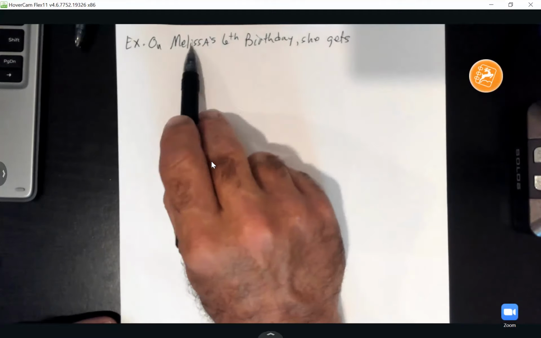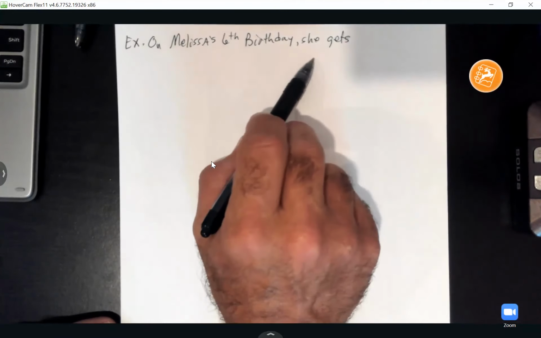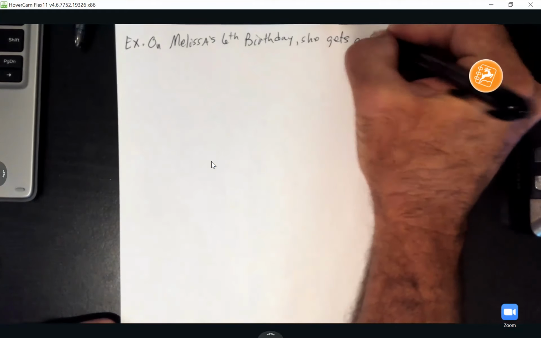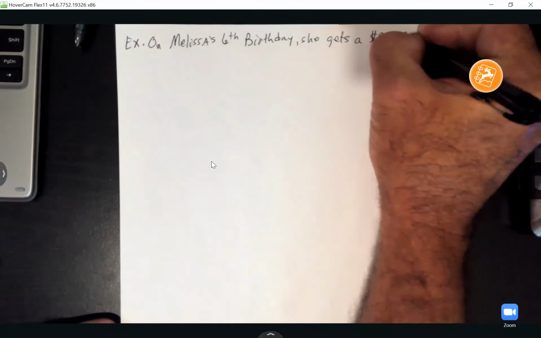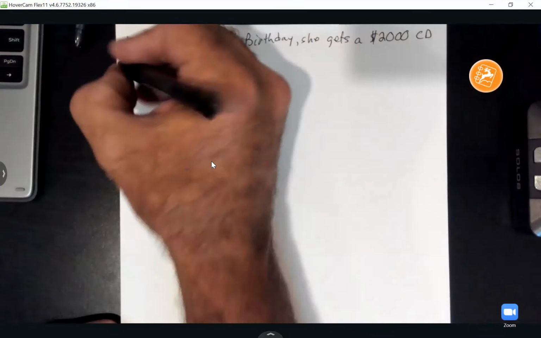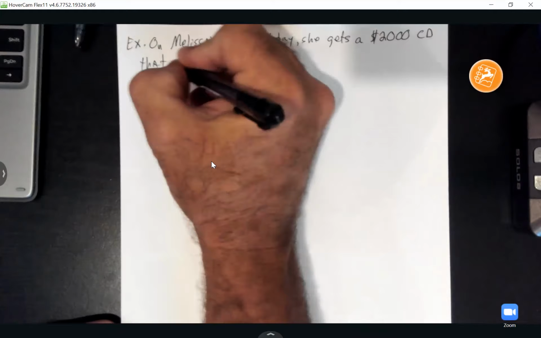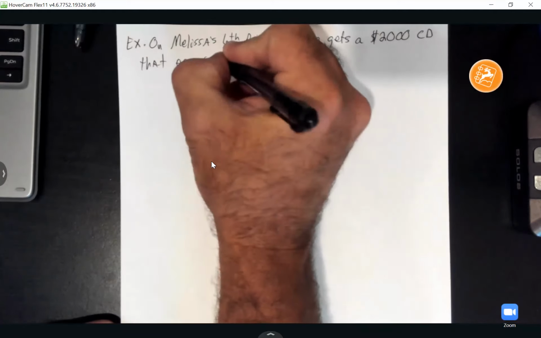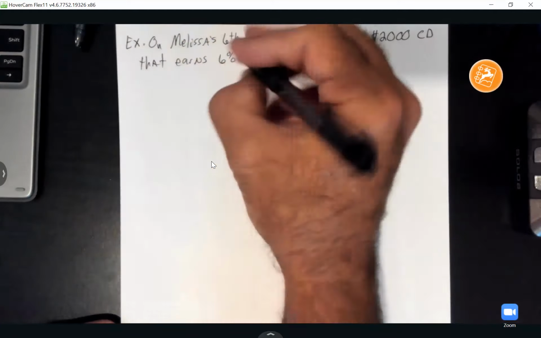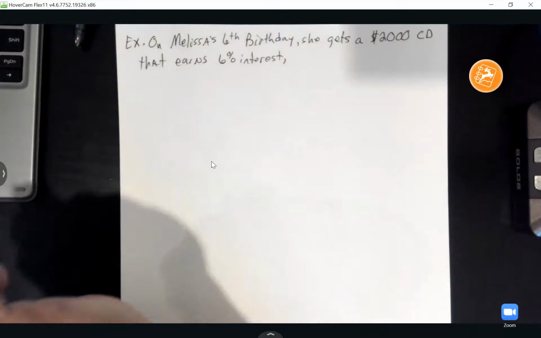All right, y'all. So on Melissa's 6th birthday, she gets a $2,000 CD that earns 6% interest, compounded quarterly.